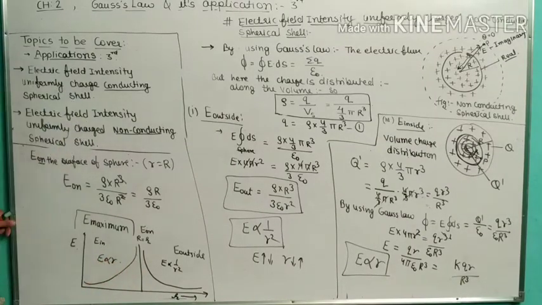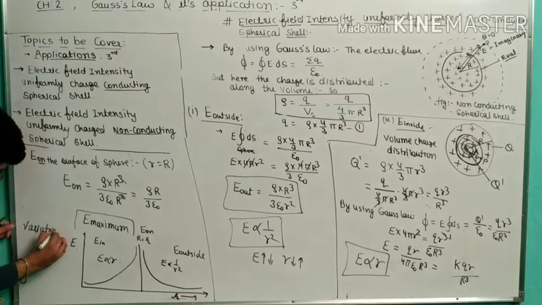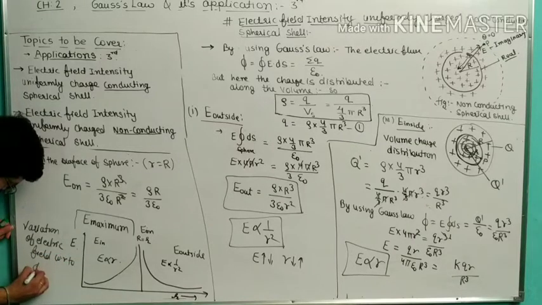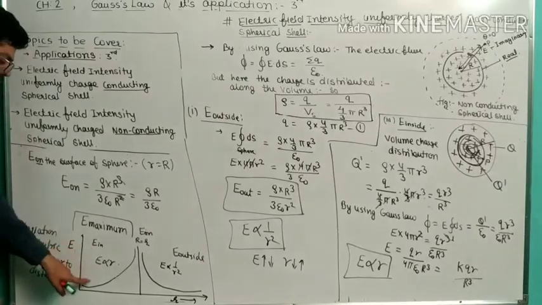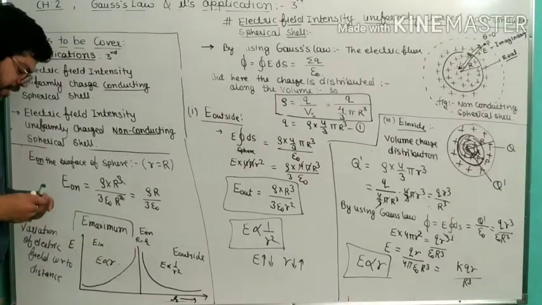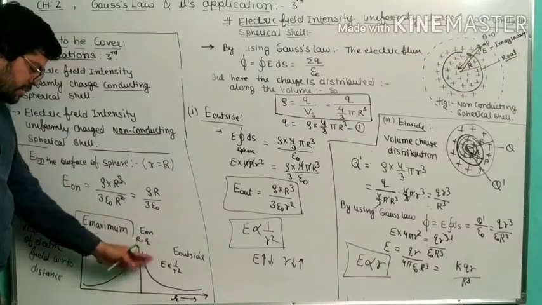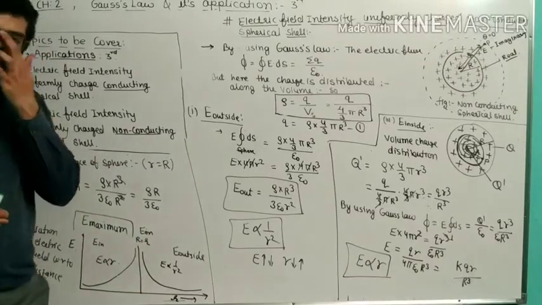This graph is showing the variation of electric field with respect to distance. Electric field inside is in increasing order. When distance increases, electric field increases. Outside, when distance increases, electric field decreases.